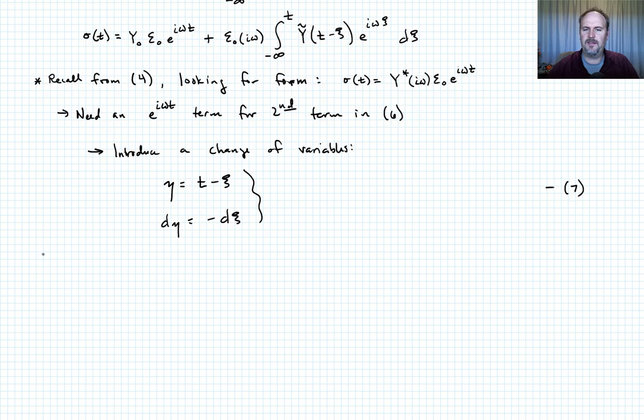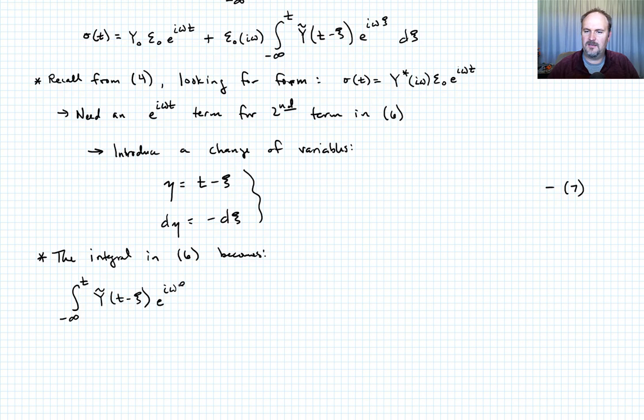If we do that, then the integral in equation 6 becomes this integral from negative infinity to t of y tilde of t minus xc times e to the i omega xc dxc, right?